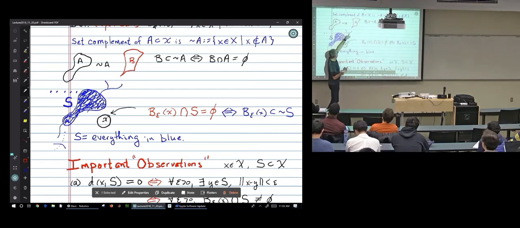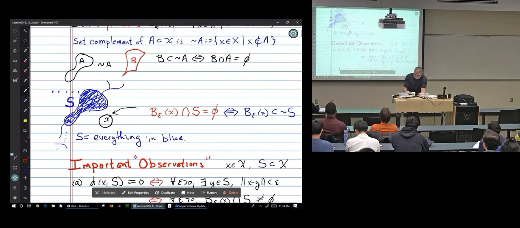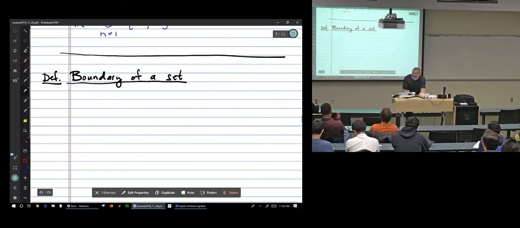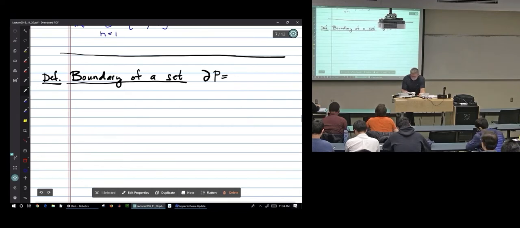Closure of the set, okay. What do I want to be the boundary? Well, I want to get rid of all these things that are in the interior, okay. So intersected with the closure of the complement. So the symbol one uses, I'm not very good at making it, it's that funny delta. It's the closure of P intersected with the closure of the complement, that's the definition.